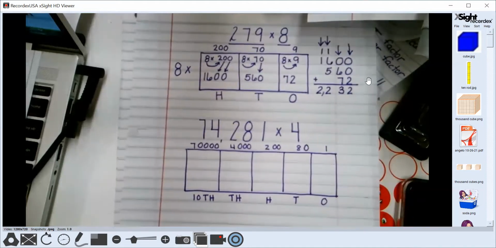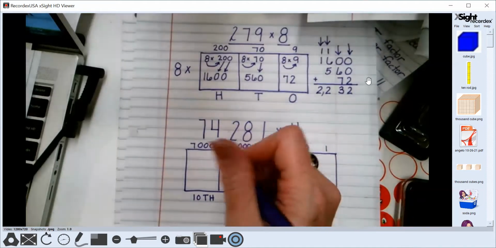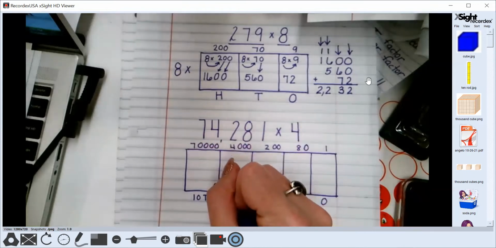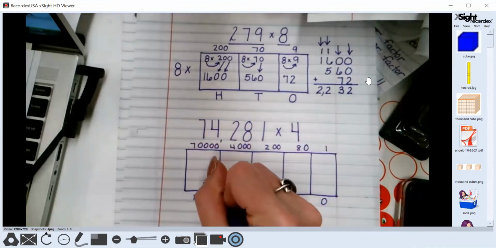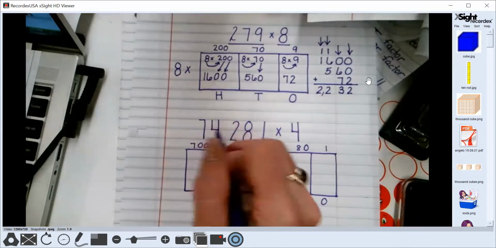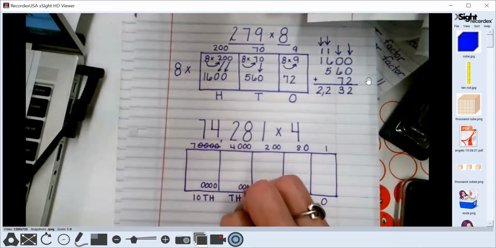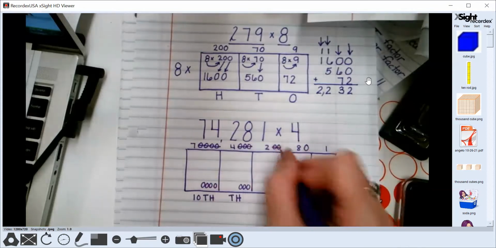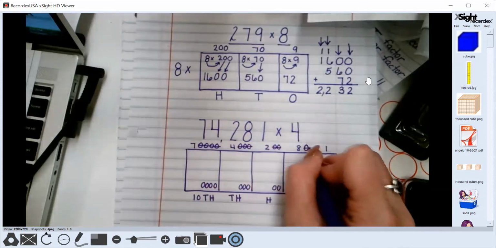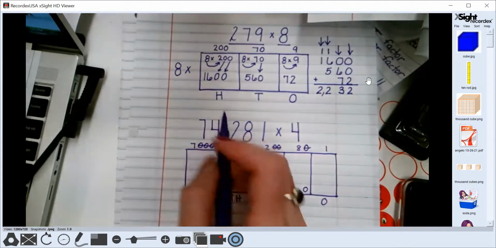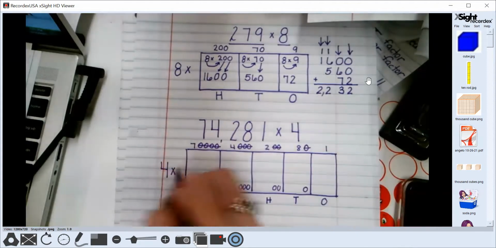So that way I make sure that I have the right amount of zeros, and I can put those zeros inside here too. 1, 2, 3, 4. That takes care of all 4 of those. So now I have 3 here, 2 here, 1 here, and none there. And now times 4.